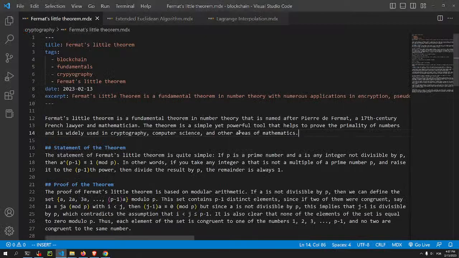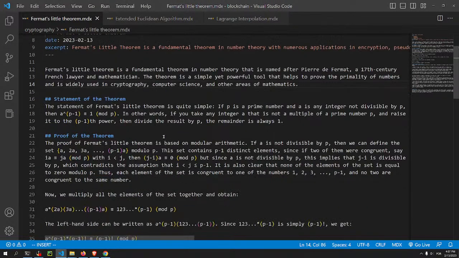Statement of the theorem. The statement of Fermat's little theorem is quite simple. If p is a prime number and a is an integer not divisible by p, then a raised to the power p minus 1 is equal to 1 mod p.